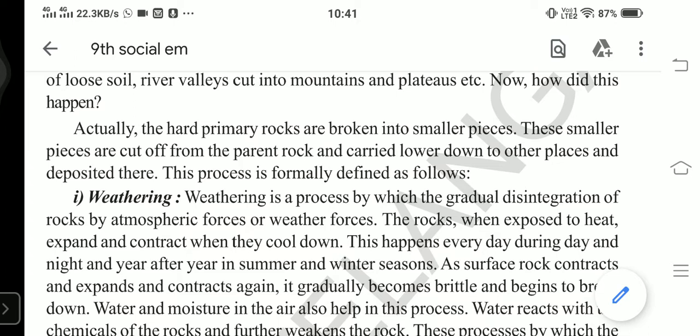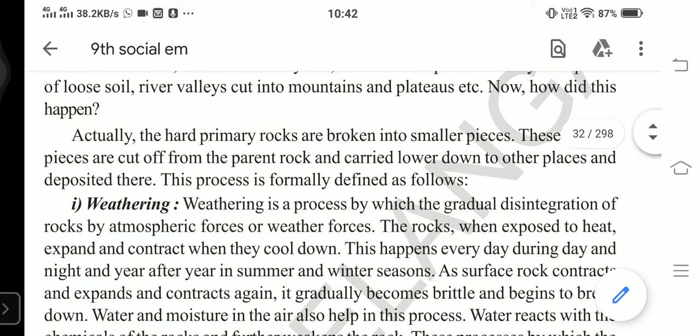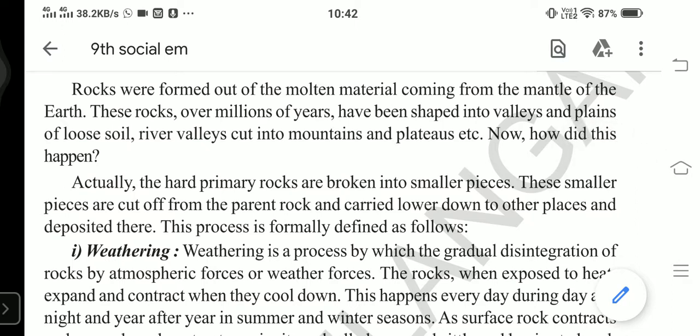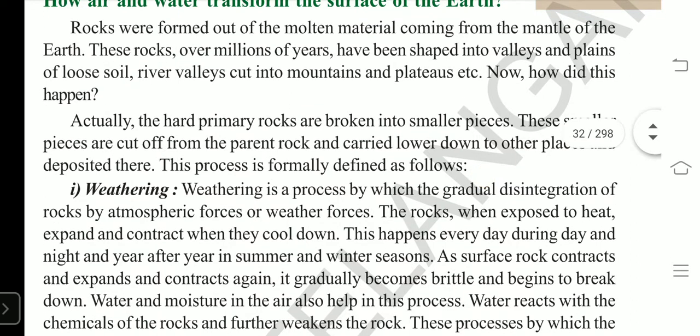So contraction, expansion, year after year for millions of years, makes the top surface of the rock break into small pieces, right? All these smaller pieces are cut off from the primary rock, what we call the parent rock, and these small pieces are carried to lower areas, to other places, and deposited there.